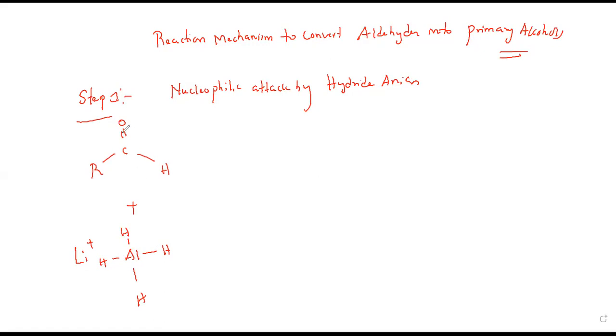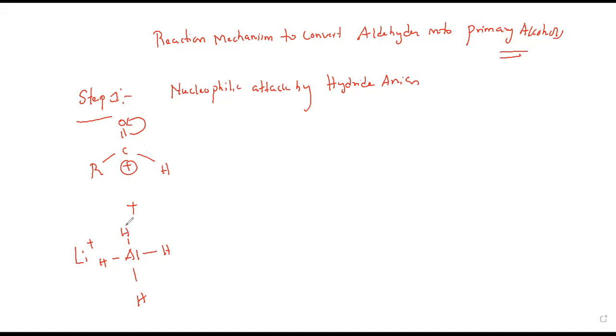Initially what happens, the pi bond which is present in this carbonyl group will be shifted towards oxygen as it has more electronegativity. Immediately this carbon will become electron deficient. In the next step, you break the bond between aluminum and hydrogen.